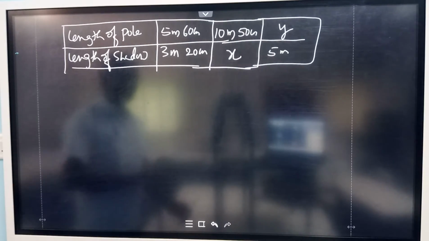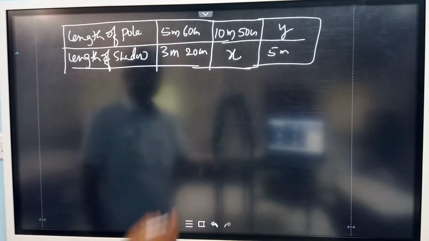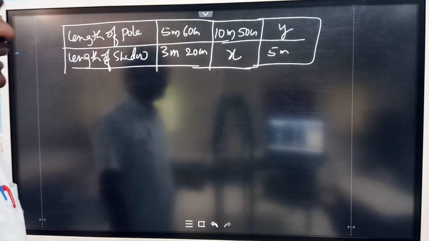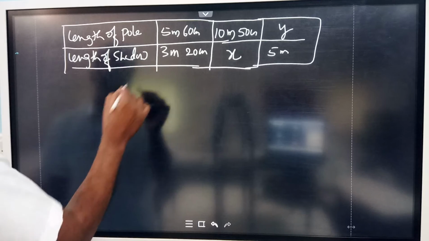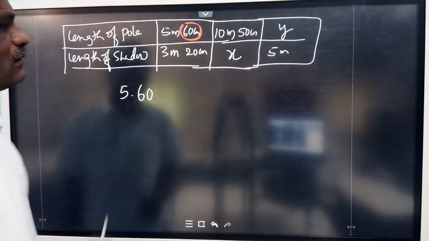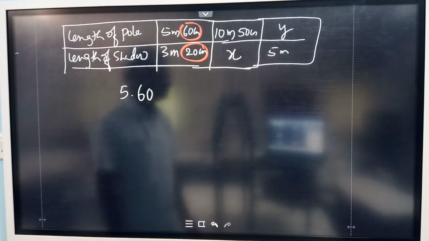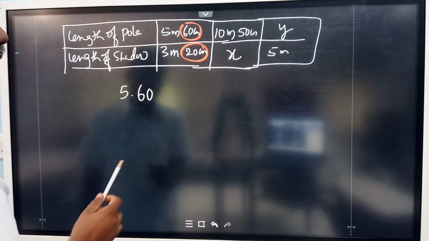See, now it is in direct proportion. So you keep everything in meters. 5 meter 60 centimeter you can keep in decimal form, 5.6. Divide this by 100, 0.6. This one also divided by 100, 0.2 plus 3, 3.2.